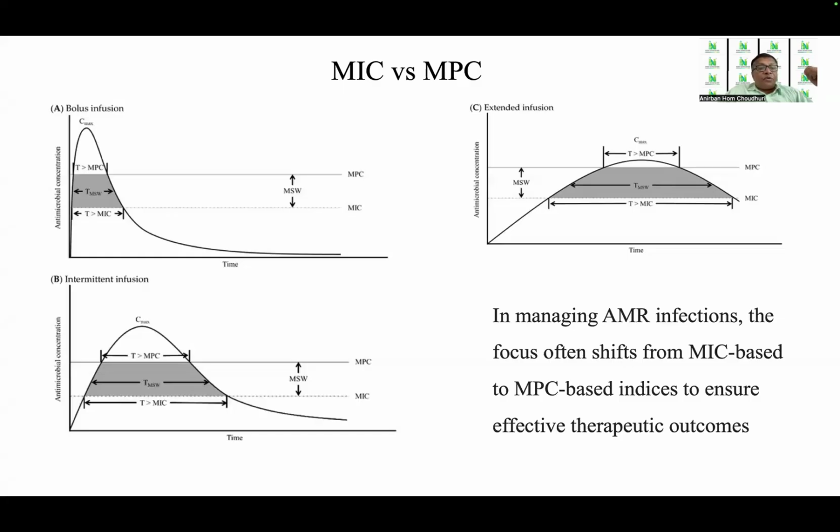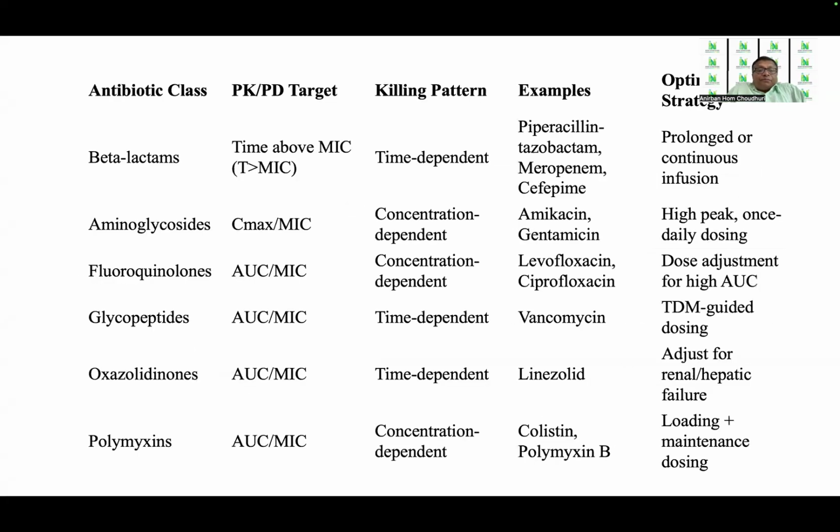Whenever there is bolus infusion, the time of mutant selection window is reduced. Whenever we go for extended infusion, no doubt the time-dependent action of the drug increases and it kills, but at the same time it also gives the organism a chance to become resistant to that drug. So in managing antimicrobial resistant infections, the focus often shifts from MIC-based to MPC-based indices to ensure effective therapeutic outcomes in the long run.